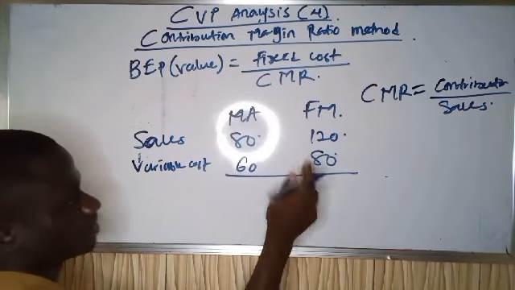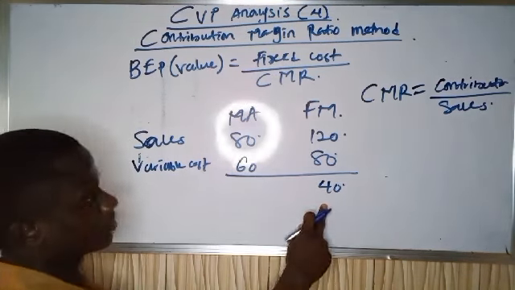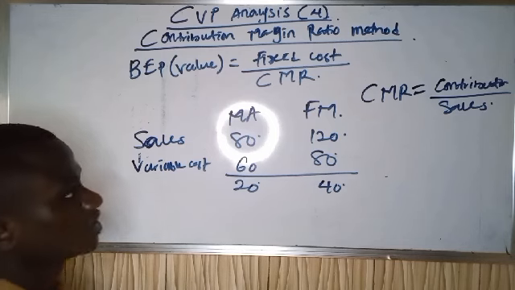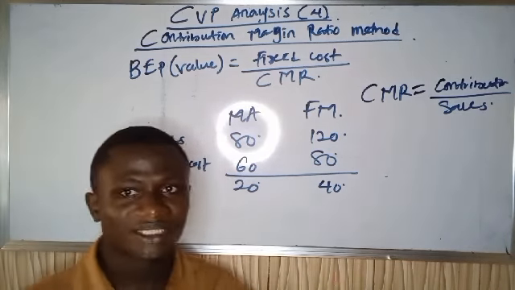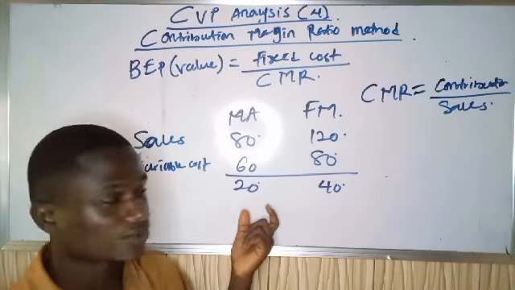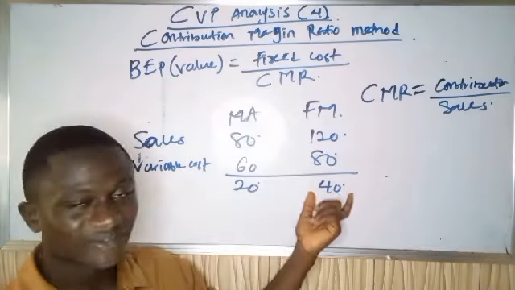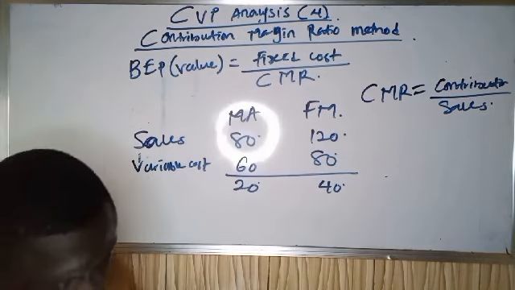So 120 minus 80, I have a contribution of 40 per product, and MA contribution of 20. So this contribution for MA is contribution per unit. That means that on one product, the company earns a contribution of 20 naira, and on FM, the company earns a contribution of 40 naira.